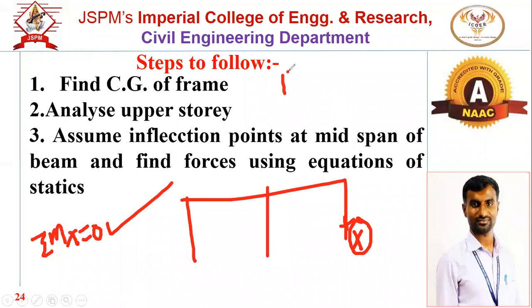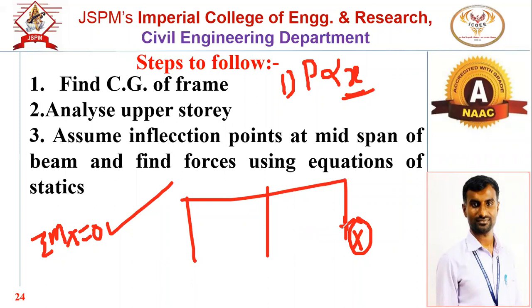First condition, third assumption. Axial forces are directly proportional to the centroidal distance. From that, you will get the ratio of the axial forces. Then second condition that we have to use, that is summation of moment at mid height of right end column.